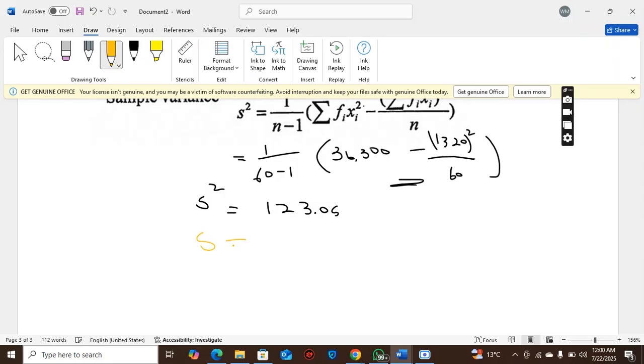So standard deviation is just the square root, colleagues. Okay. What's the square root of 123.05?